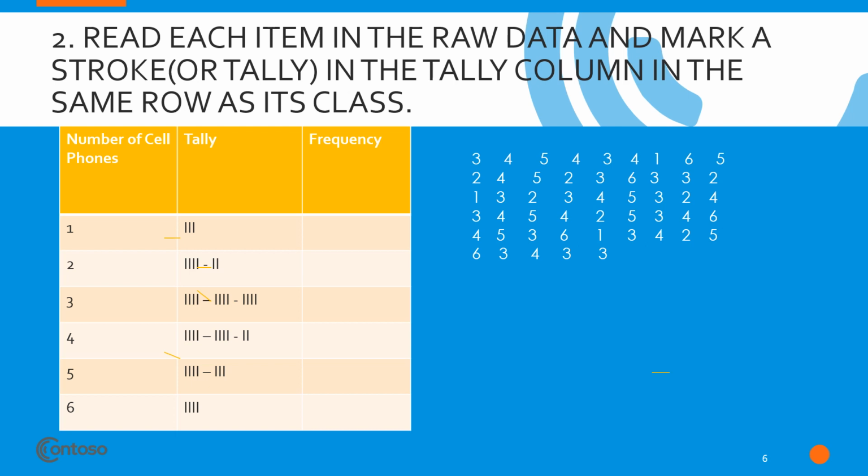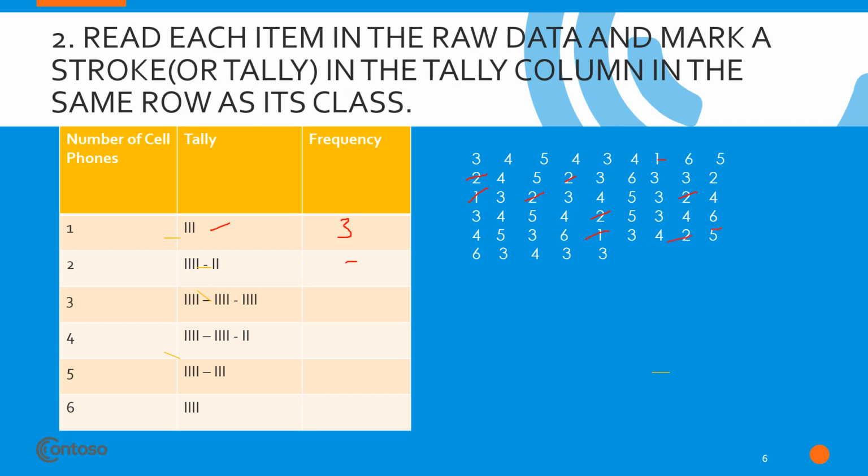For example, one. How many students got one here? We have 1, 2, 3. So there are three students. So this is correct. Next, it is said here that we have 6. Let us see if it is really 6 for two: 1, 2, 3, 4, 5, 6.